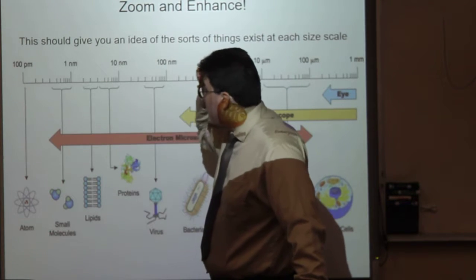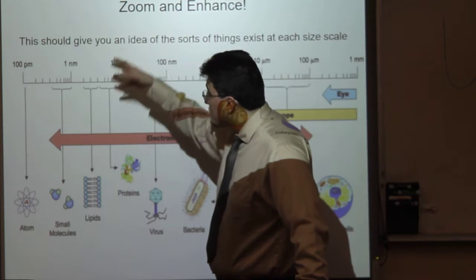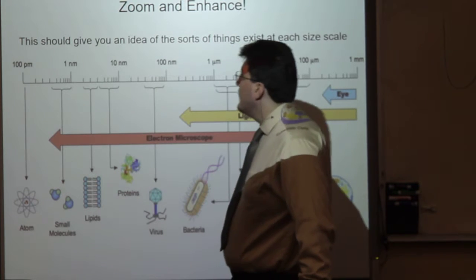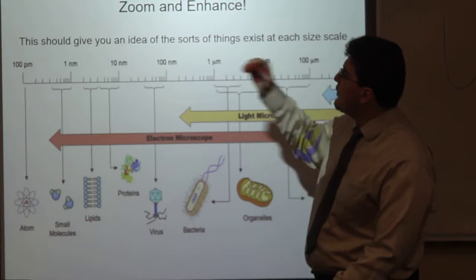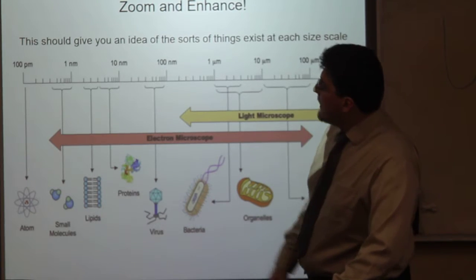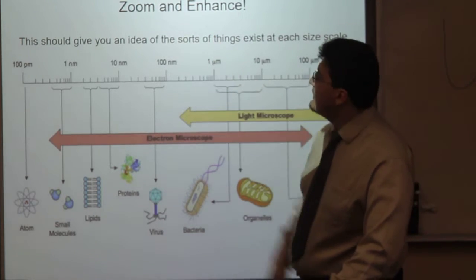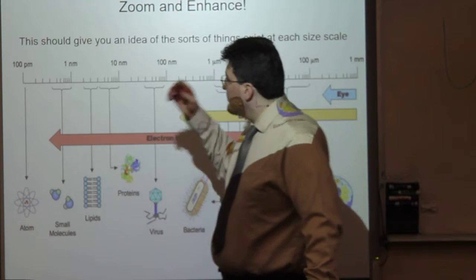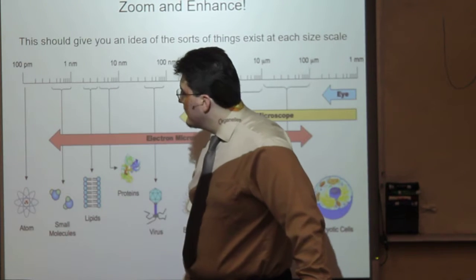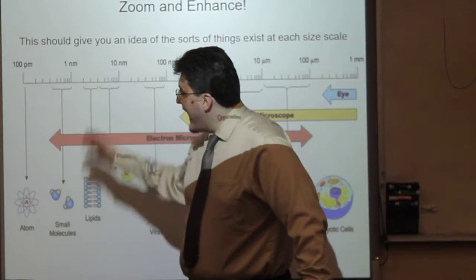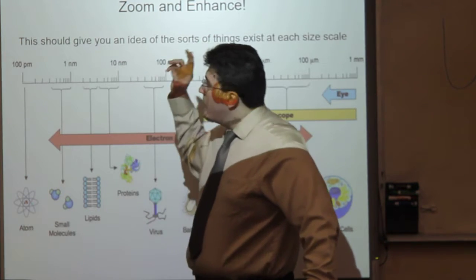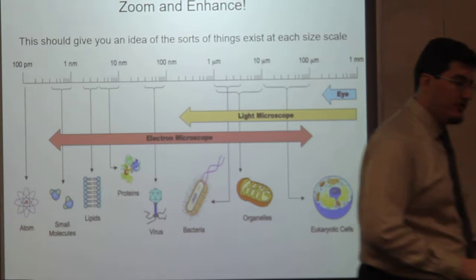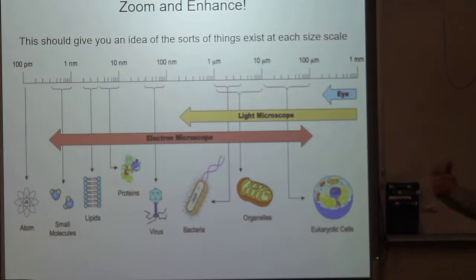Lipids are smaller than 5 nanometers, or smaller than 3 to 4 nanometers or so. Molecules are smaller than 1 nanometer, like water, that is less than 1 nanometer in size. And atoms are on the scale of picometers, which are even smaller still.